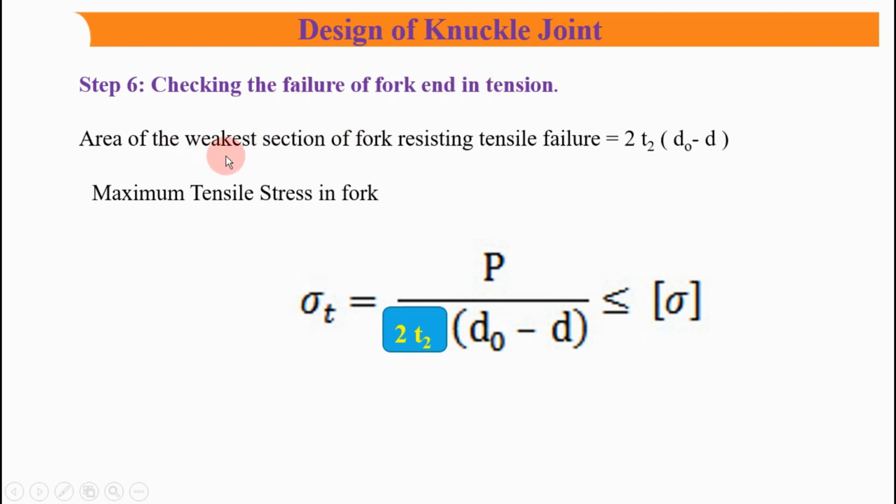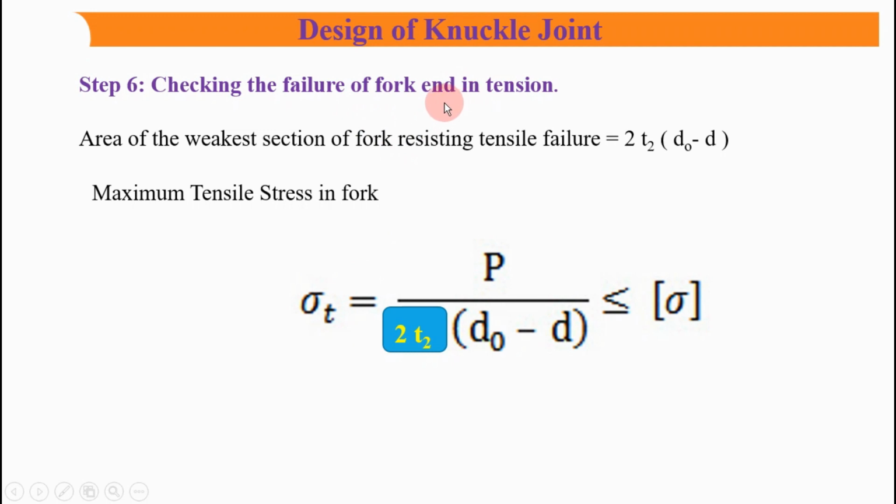So the area of the weakest section of the fork resisting tensile failure is twice T2 of DO minus D. So the maximum tensile stress in the fork is sigma T equal to P upon twice T2 of DO minus D, and that should be less than your allowable or permissible tensile stress. By this we calculate the induced tensile stress in the fork end component.